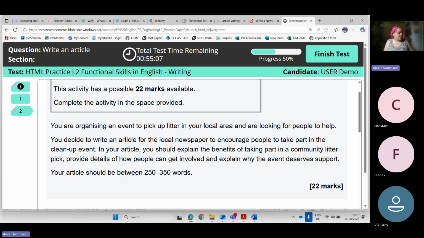I'm going to go with my 2 favorites. I'm going to try and be a little bit emotive. So I will appeal to the emotions of my reader. I will try to make them feel that cleaning our neighborhood is good for our heads, for our hearts, and for our environment. It's good for our children. It's good for our animals.